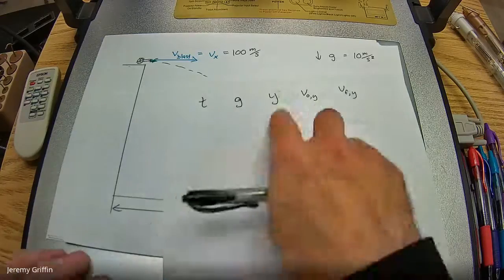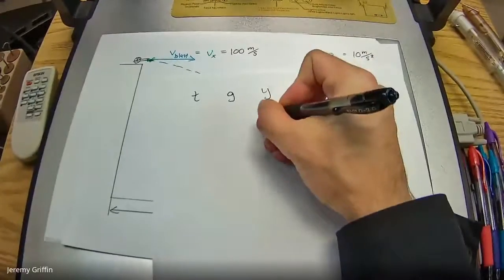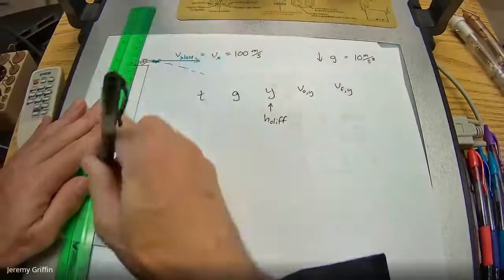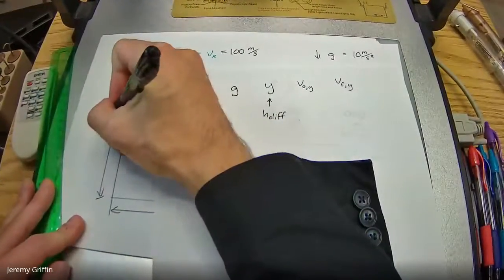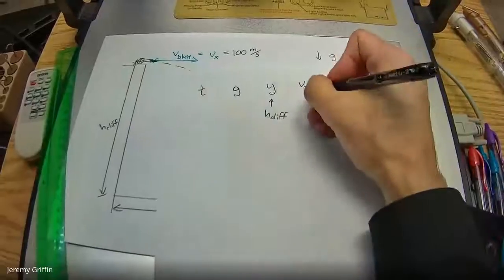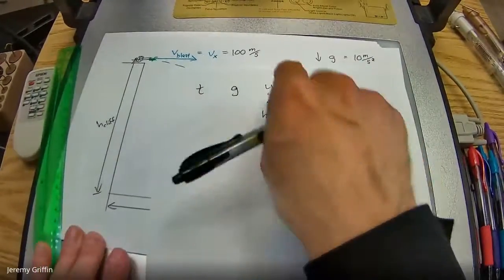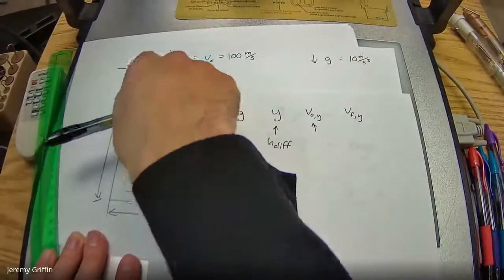I should label that on my picture. This is actually H cliff, isn't it? Height of the cliff. What is this number according to my setup right here? When the cannonball leaves the cannon, how fast is it traveling up or down?